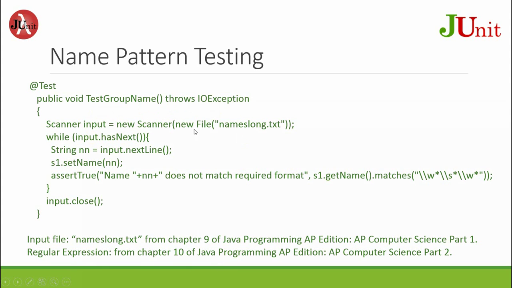And then while the file is still not empty, you read in each line and assign it to NN, and then set name to this name. This names long.txt has the names of the Washington High School students. And then set each student with the name.